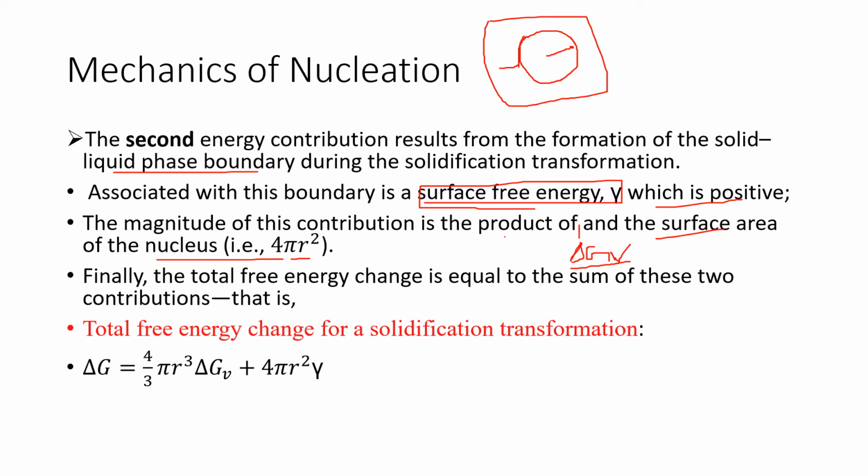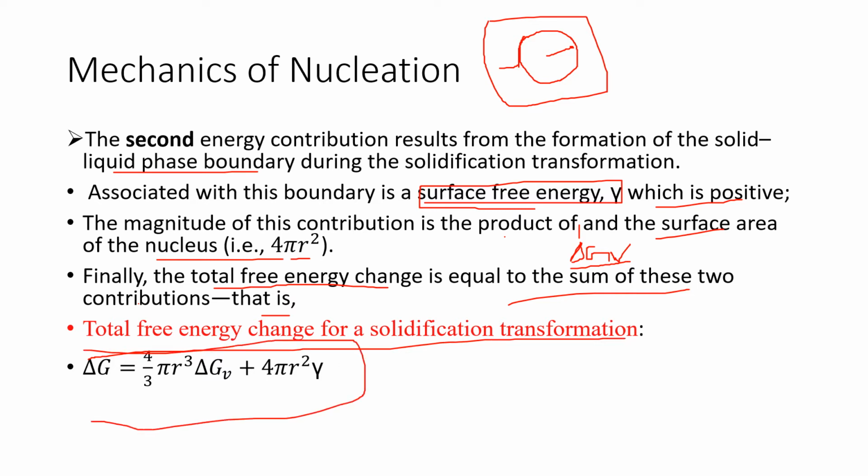Finally, we combine the first contribution and the second contribution as the total free energy. The total free energy change for a solidification transformation is equal to the sum of these two contributions. Delta G is 4 by 3 pi r cube times delta GV plus 4 pi r square times gamma.